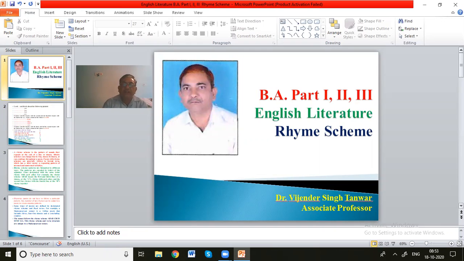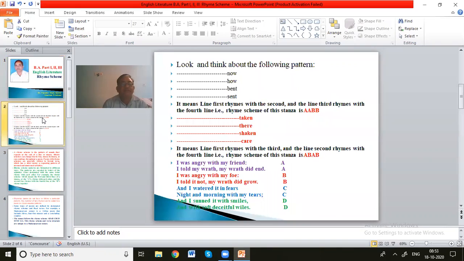Before we go to the technical definition, let us see certain things and think about them. Suppose there is a line in poetry that begins and ends in "now." Then the second line begins and the last word is "how." So we find that "now" and "how" have a similar sound.